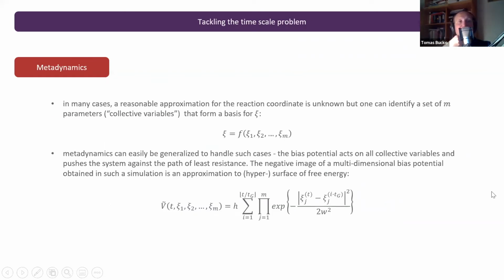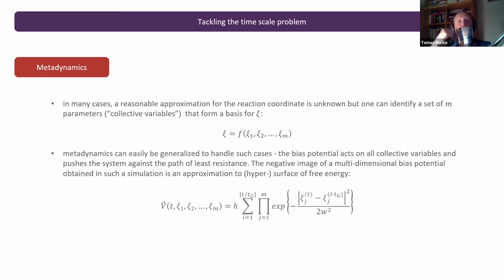As I already complained, in many cases a reasonable approximation for the reaction coordinate is difficult to identify, right? But still, a set of, say, m parameters forming a basis set for the definition of an assumed reaction coordinate can be identified.